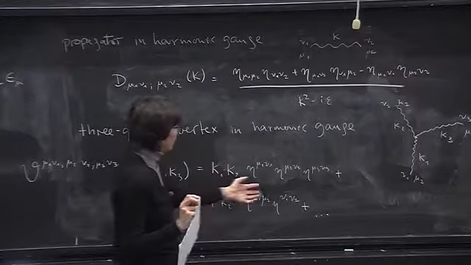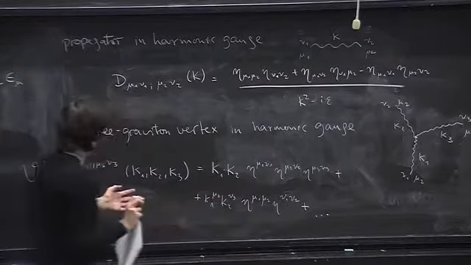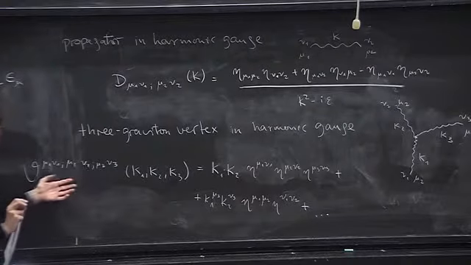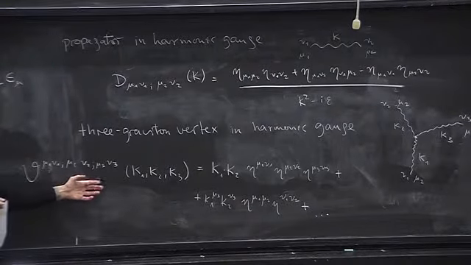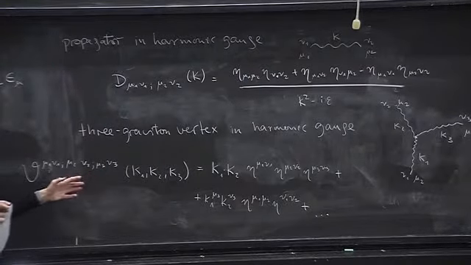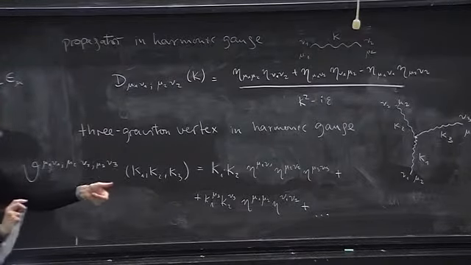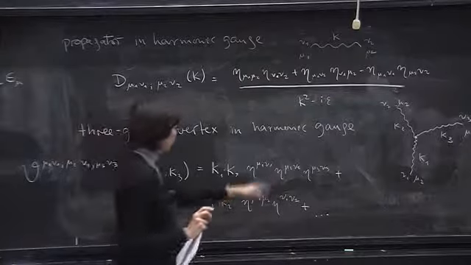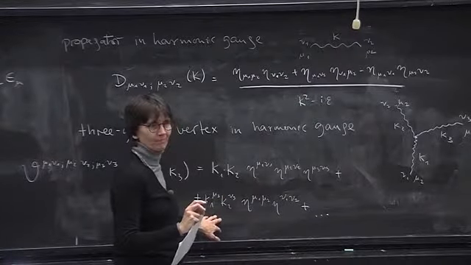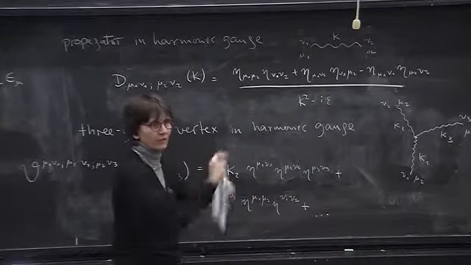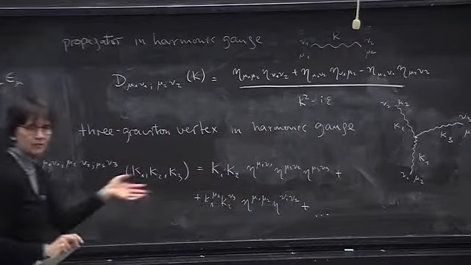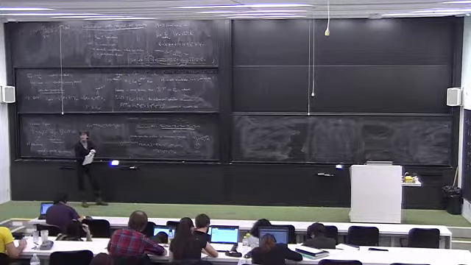Of course, there are only quite a few things you can write down which have this index structure. And the only thing you have available on the right-hand side are etas and k's. But there are quite a few ways of combining them to get a six-index object.